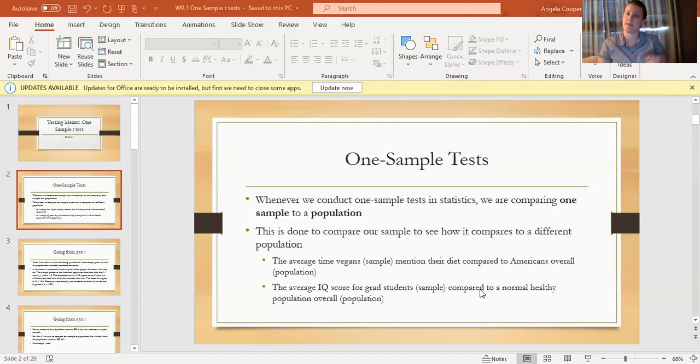We want to see if the population of vegans matches or is similar to the American general public.